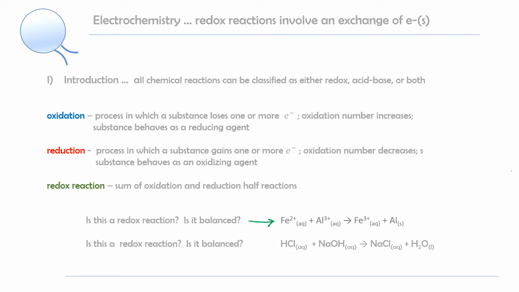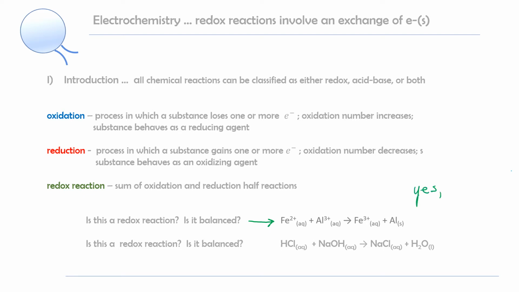You've got iron in its 2+ oxidation state reacting with aluminum, yielding iron in its 3+ oxidation state and aluminum metal. Okay, first of all, is this a redox reaction? You don't know until you go in and assign oxidation numbers. We're going to learn how to do that in a minute, but the answer to that question is yes, it is a redox reaction.